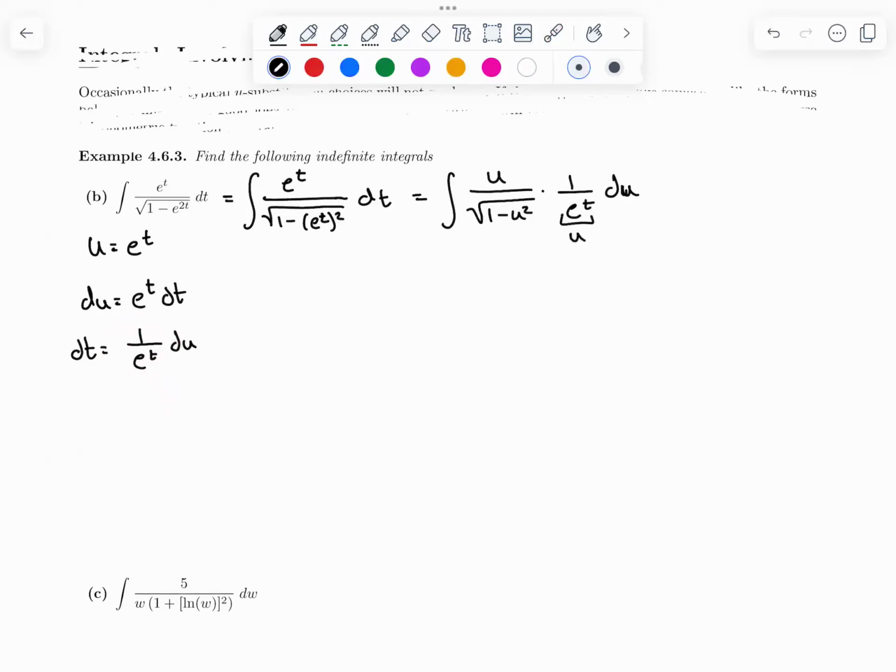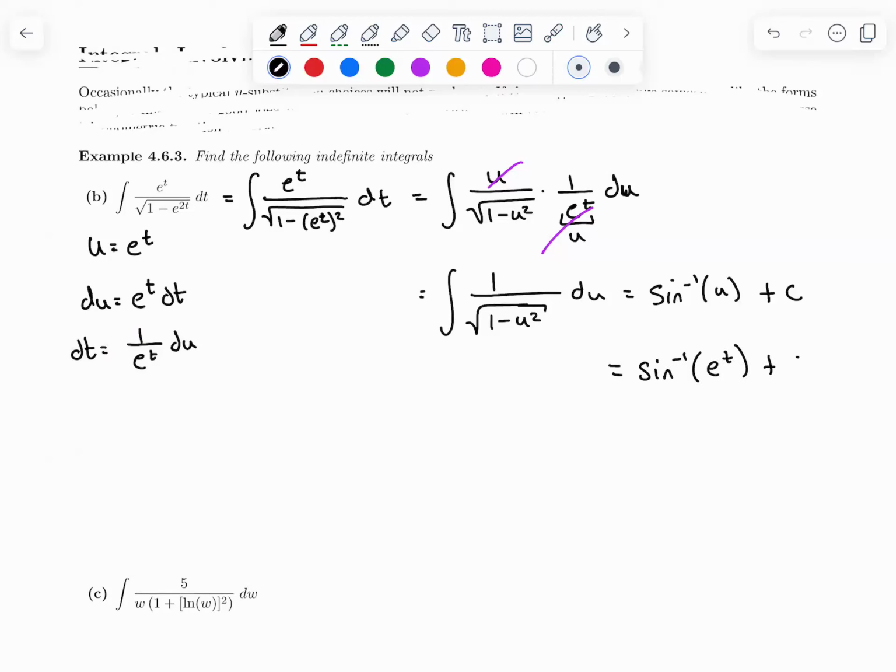This is u. So they do cancel here. And we have the integral of 1 over the square root of 1 minus u squared du. And that is an integral that I do know. That's sine inverse of u plus a constant c. That's going to be sine inverse of e to the t plus a constant c.